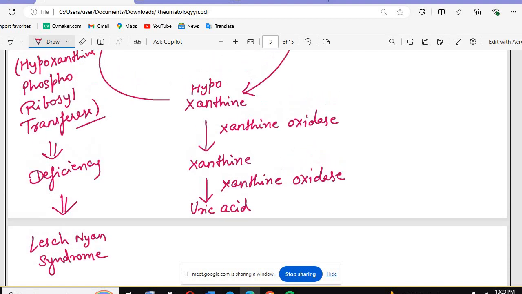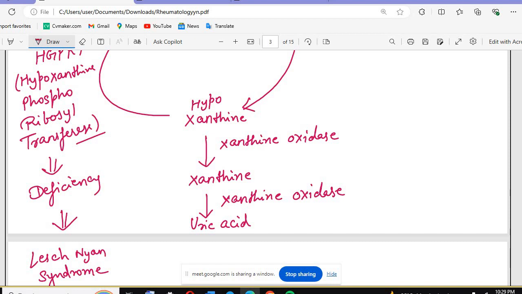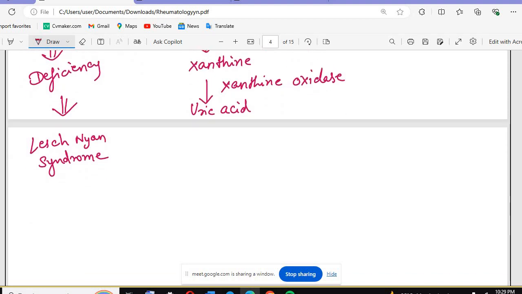Now tell me, if there is a deficiency of HGPRT, there would be more hypoxanthine, and if hypoxanthine is more, of course there would be more xanthine, and more xanthine means more uric acid. So in Lesch-Nyhan syndrome, you will see hyperuricemia.